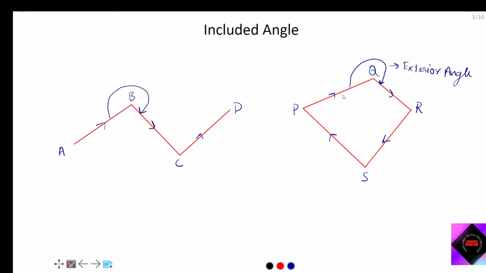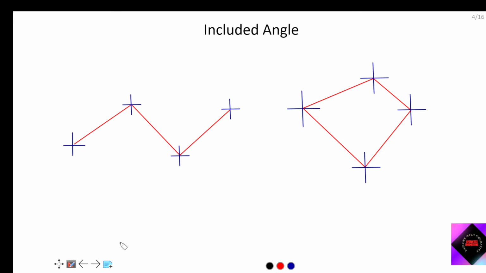For example, if I say that no, we have moved in the opposite direction, let's see in this figure. We have moved in this way, P to S, S to R. Then what will be our included angle?